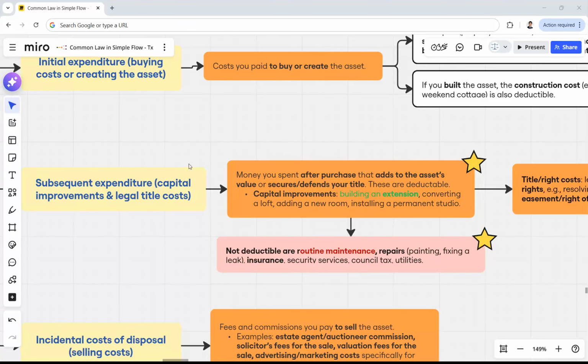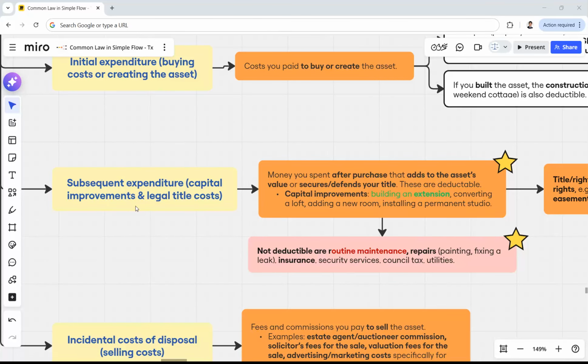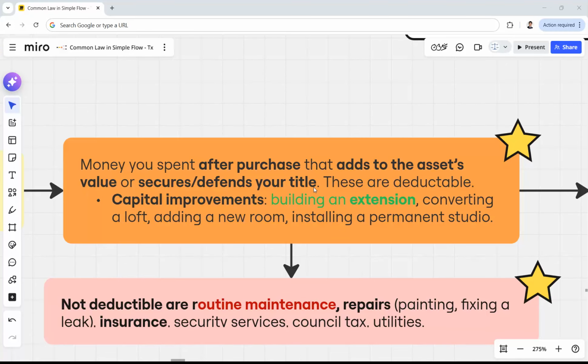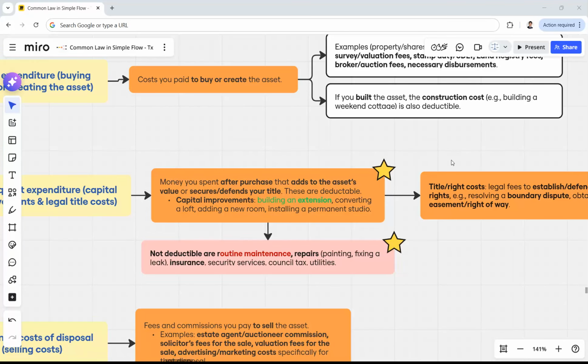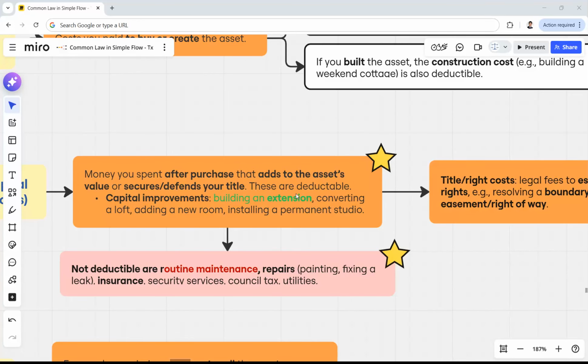And this one is the subsequent expenditure, which are capital improvement costs and legal title costs, which we will discuss separately here. But they usually come after the purchase to add to the asset's value or secure and defend your title.